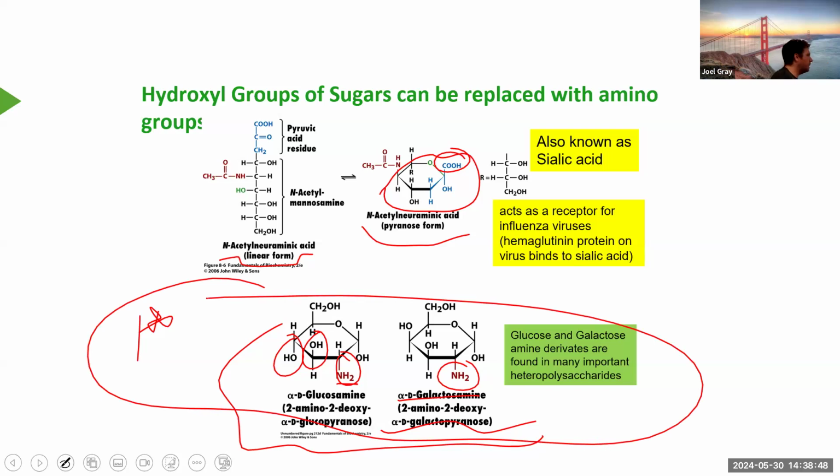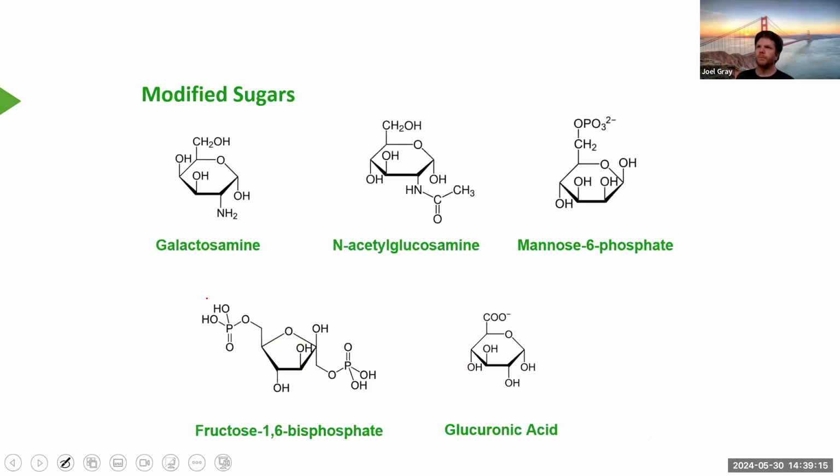If you add an amine, well, what's your terminology? If I had mannose as my 6-carbon sugar and I added an amine to it, does anyone want to guess what they would call it? Given that we have glucose that's been aminated, we call that glucosamine. What do you think mannose plus an amine would be? Mannosamine. Not too crazy of an idea of a name there.